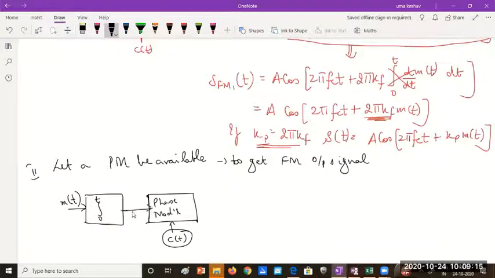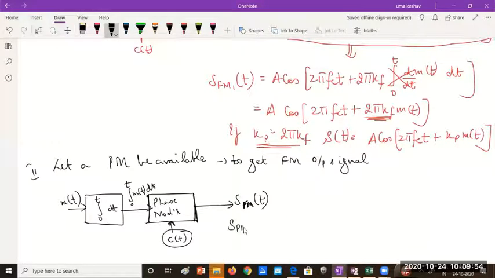The output of this would be integral m of t dt. Correct? Now it is going to modulate the angle of the carrier, and the output here would be a phase modulated signal. Sorry, frequency modulated signal. From a phase modulator, you are supposed to get a frequency modulated signal. So can you just write the equation? What would the equation be?